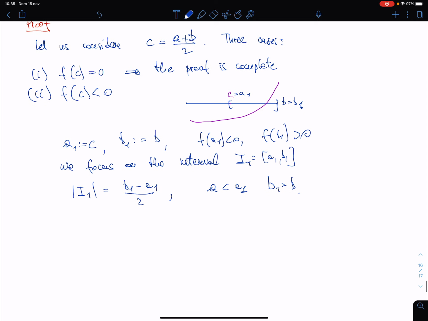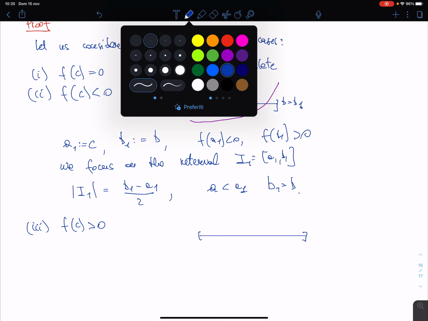Third case, which is still symmetrical with respect to the second, f of c larger than 0, and the picture here says the following.